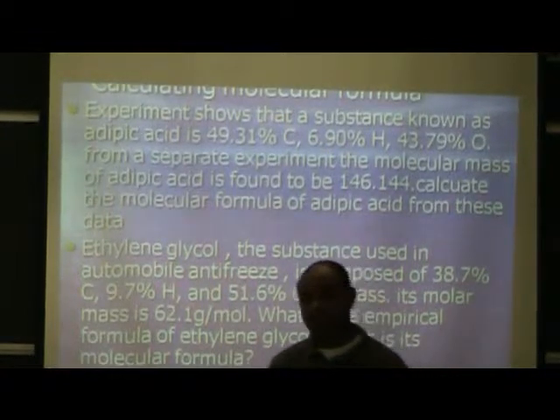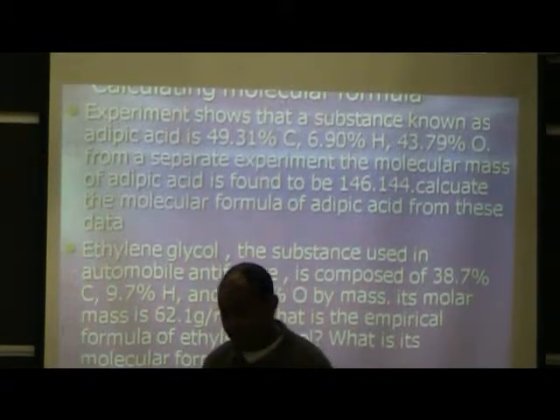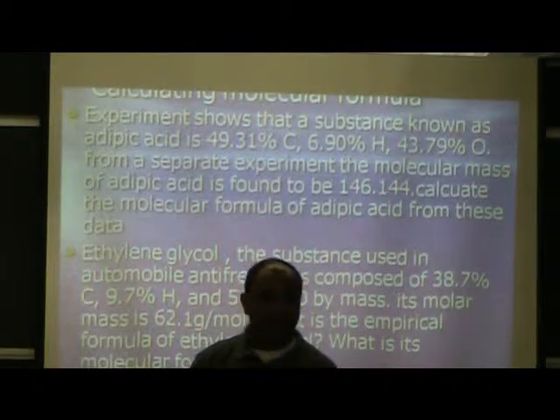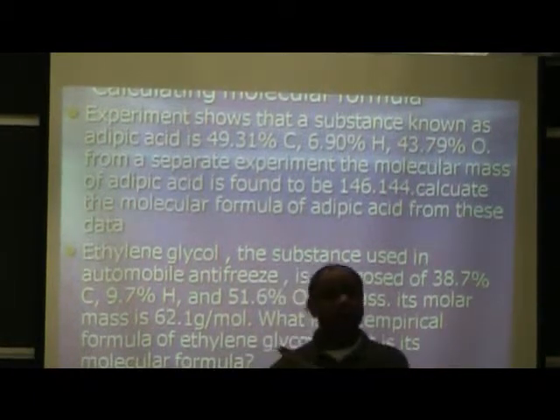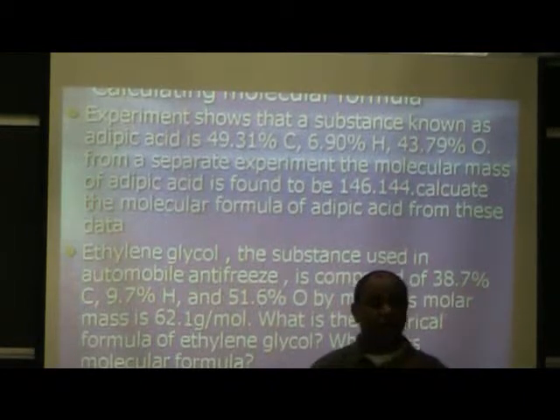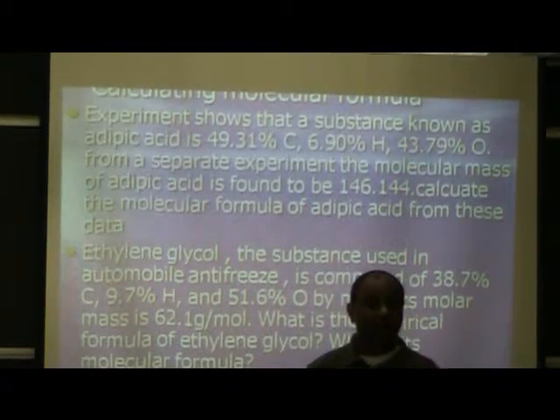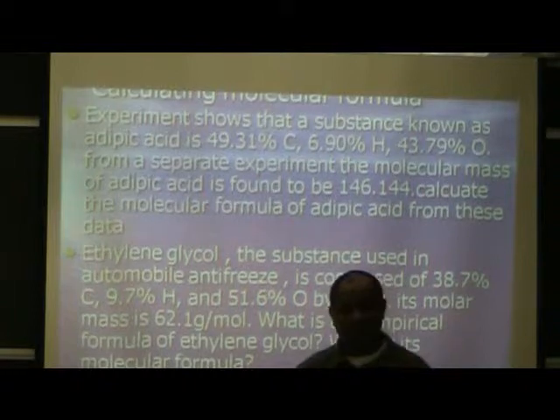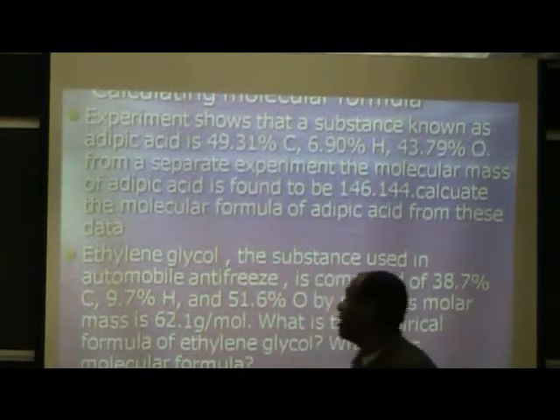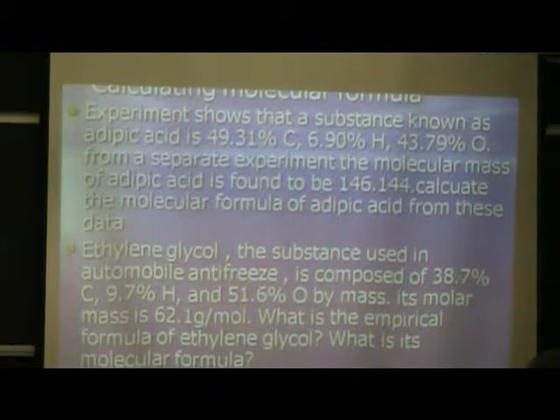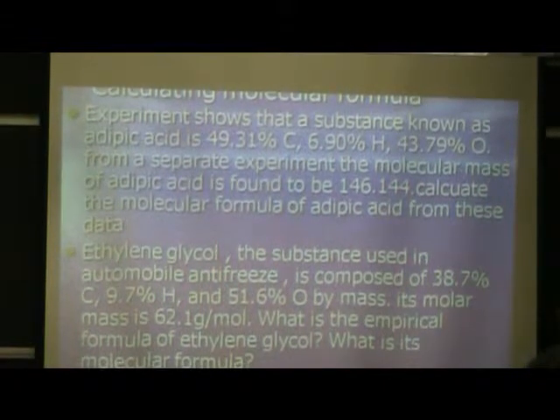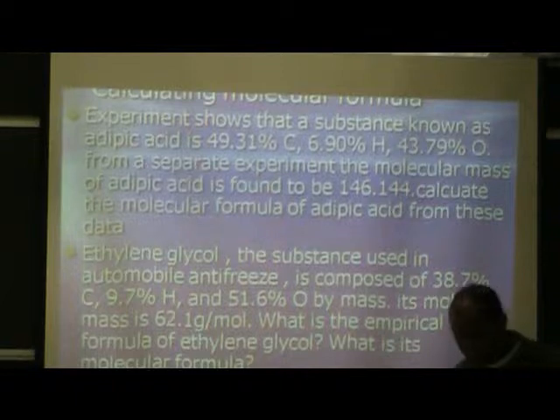I want you to Google and search for the right molecular formula of adipic acid. Then we're going to compare our answer with the formula that was on the Google search. Adipic acid is a known compound, but we want to make a justification whether our formula is right or wrong.